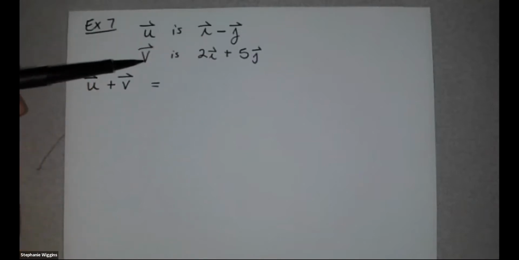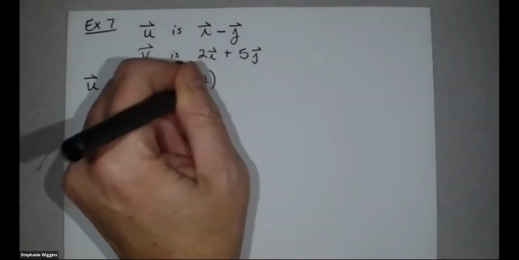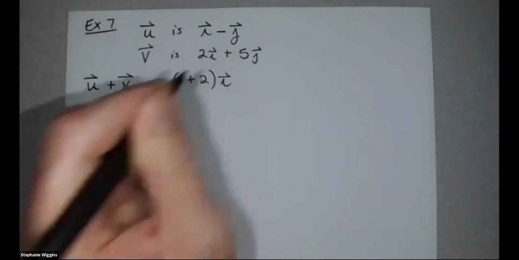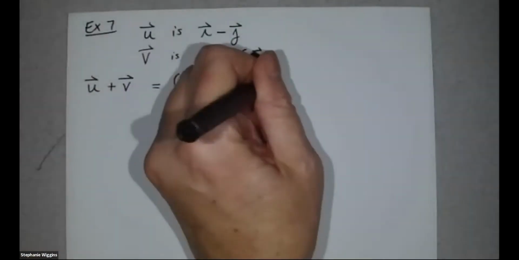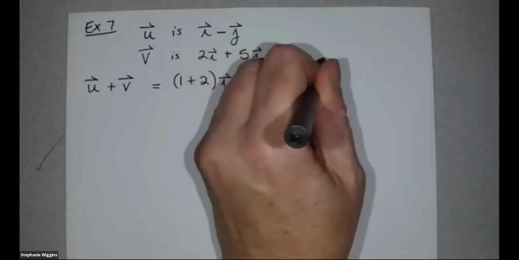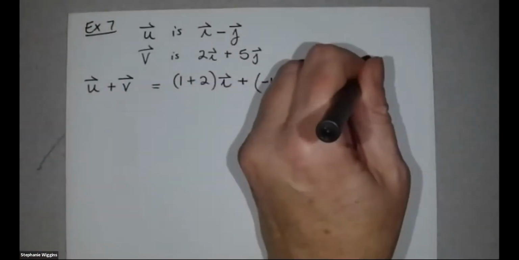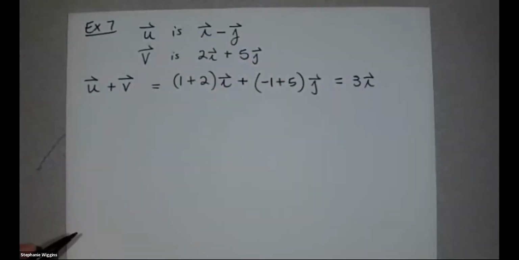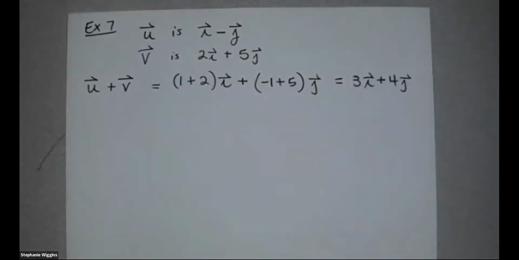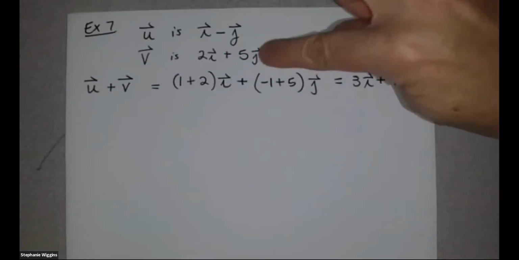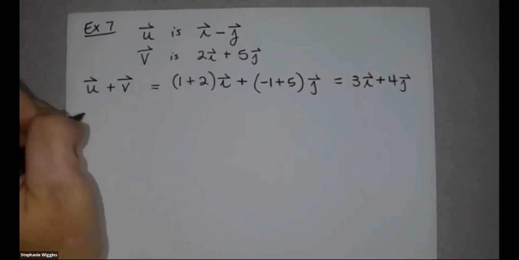So if we're adding u and v, we take 1 plus 2, and that will become the new i component. Then we add to that -1 plus 5, and that will become the j component for our new vector. So we get 3i plus 4j. See how easy that is? This is the best format to have the vectors in, and it works very nicely.